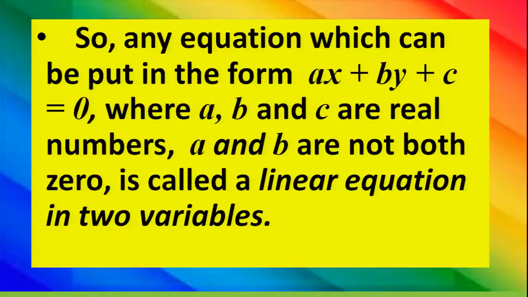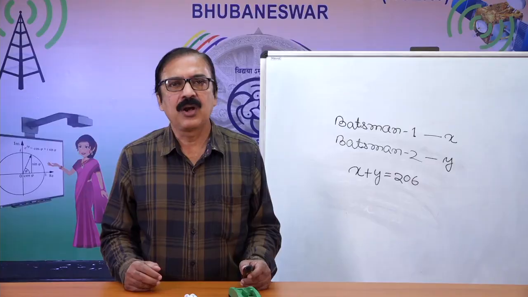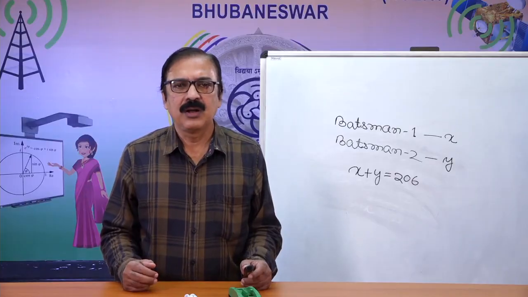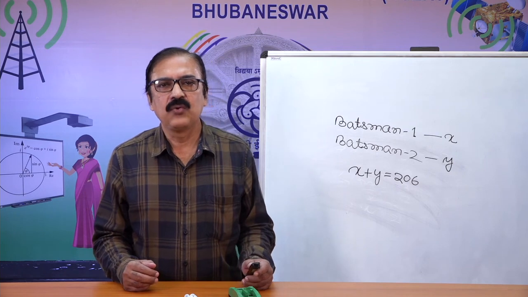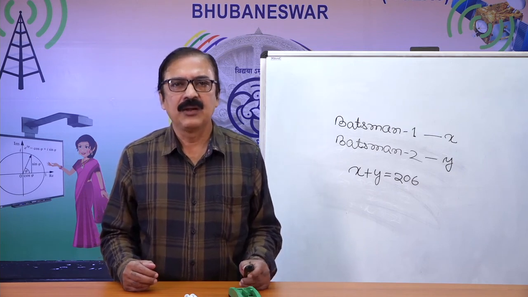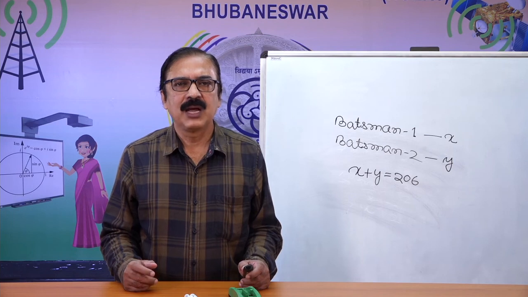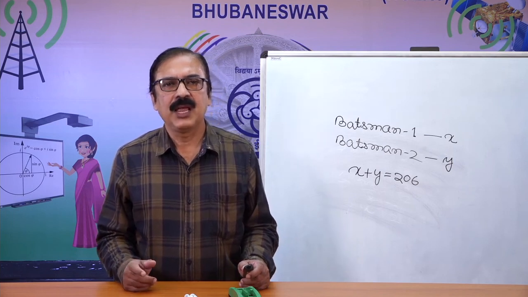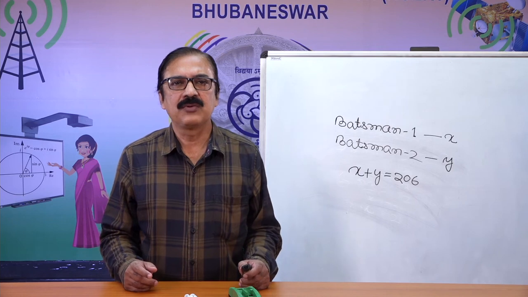Any equation which can be put in the form ax plus by plus c is equal to 0, where a, b, c are real numbers, and a and b are not both zero. One may be 0, but not both 0, is called a linear equation in two variables. So here we have two variables and the general form is ax plus by plus c equal to 0.